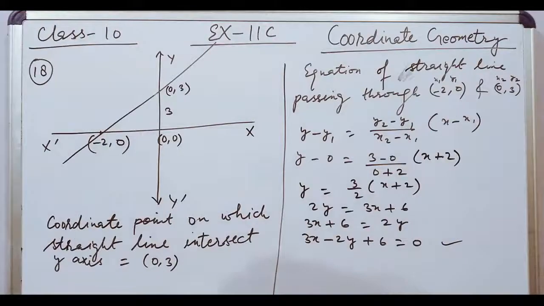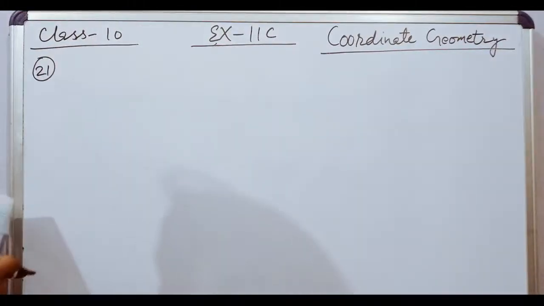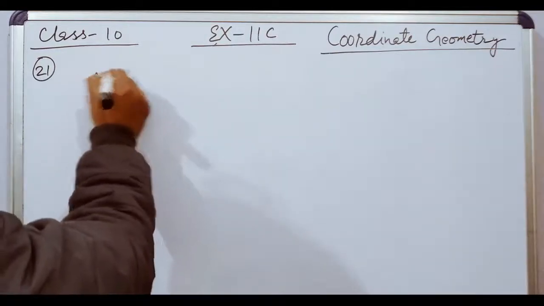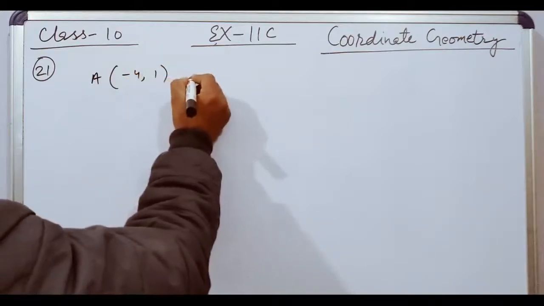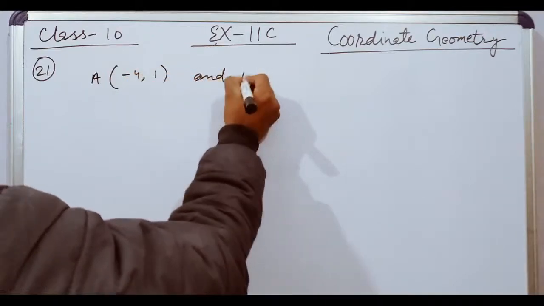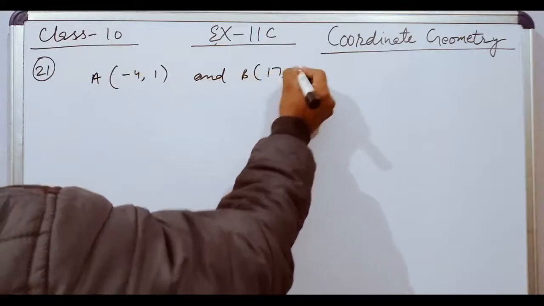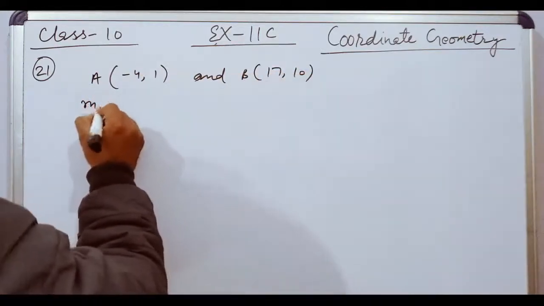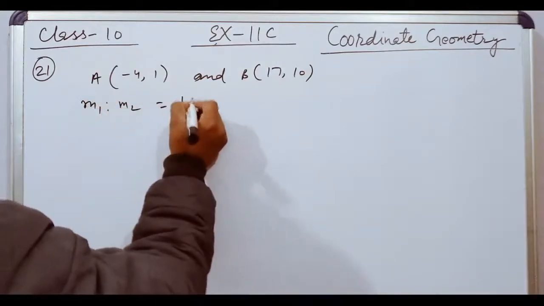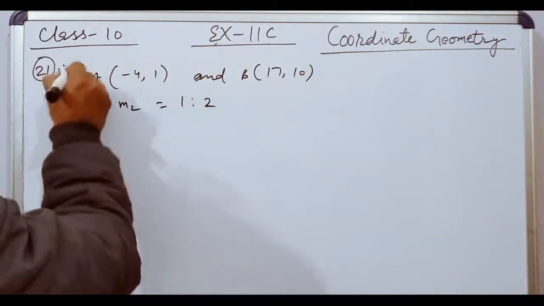Okay, dear students, write down the coordinates of the point P that divides the line joining A (minus 4, 1) and B (17, 10) in the ratio 1:2. M1 is to M2 equal to 1:2. This is the first part of question 21.